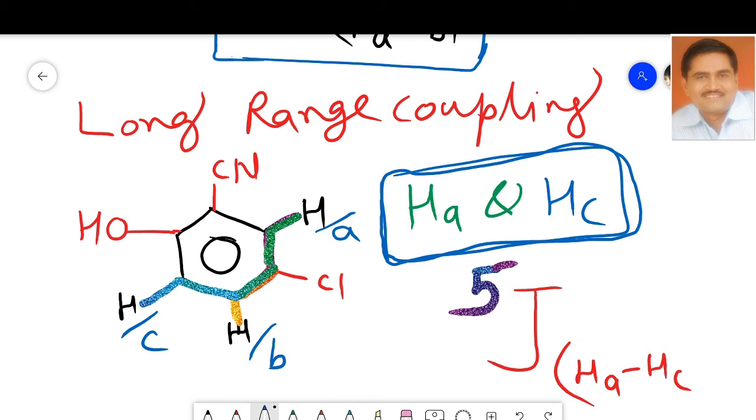When we consider the coupling between HA and HC, this is the example of long range coupling, and it is noted as 5 bond coupling, because HA and HC are 5 bonds away.